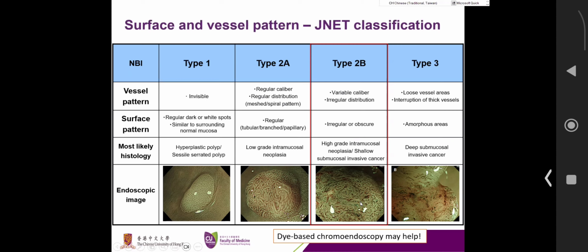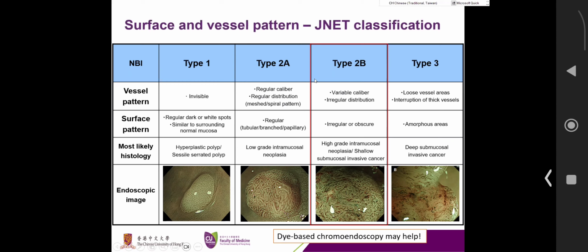For the type 2B lesions, you can see that the vessels are indeed thicker and not forming a very regular loop again. So these are actually the features of a type 2B lesion. But you may say that sometimes it may be very difficult to determine whether this is a type 2A or a type 2B, or sometimes you can't even say whether this becomes type 3.